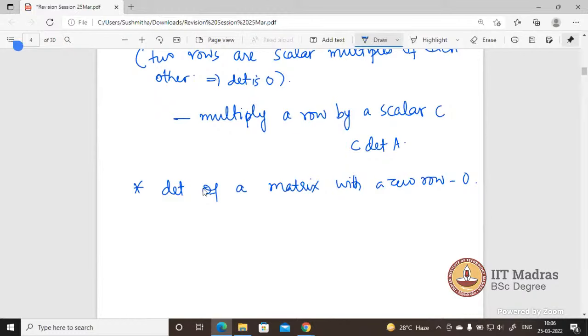If there is a 0 row or 0 column, even then the determinant becomes 0. So if you can bring it to those forms, then it's easy because you can just look and say that the determinant is 0. Okay, so this is with respect to determinants, minors, cofactors and all that.